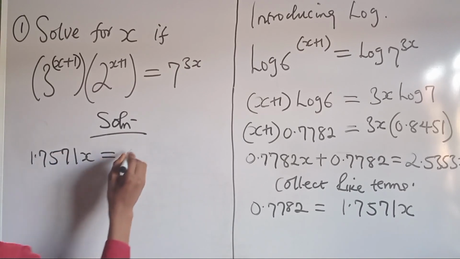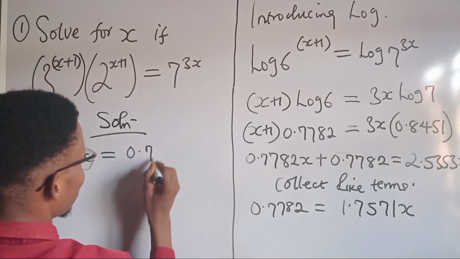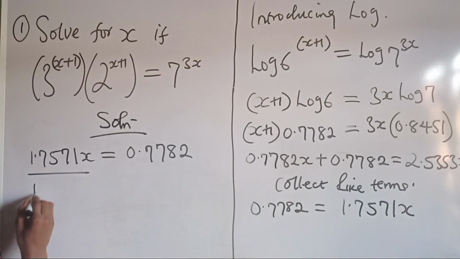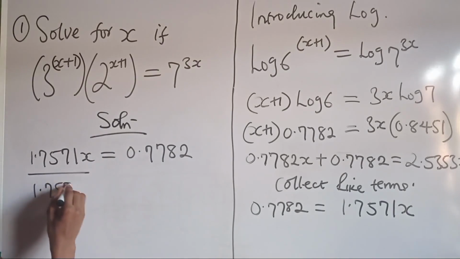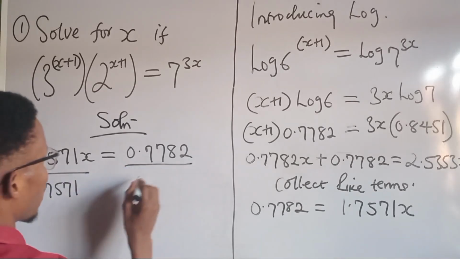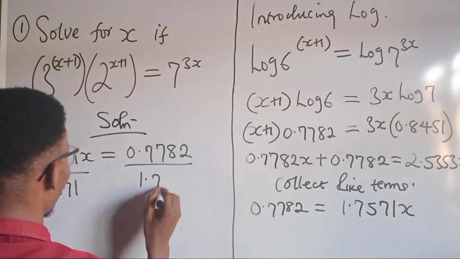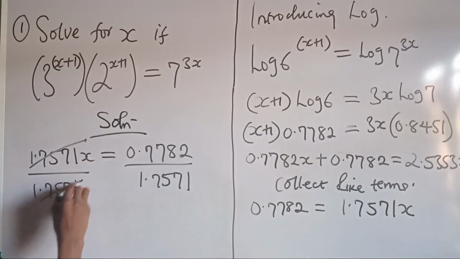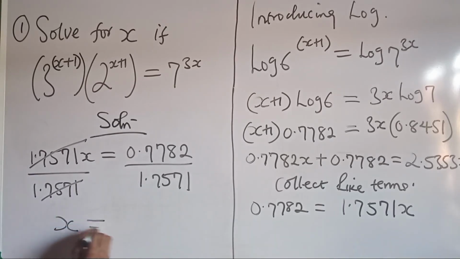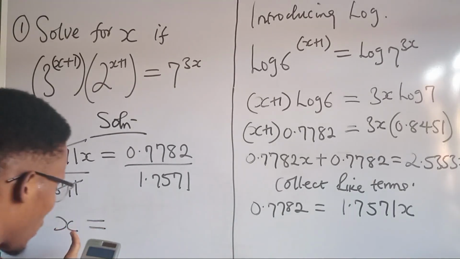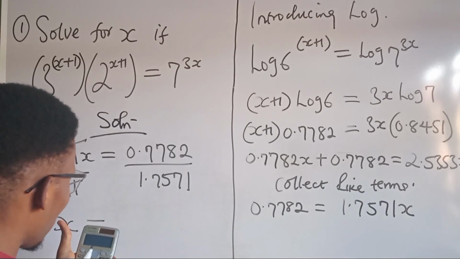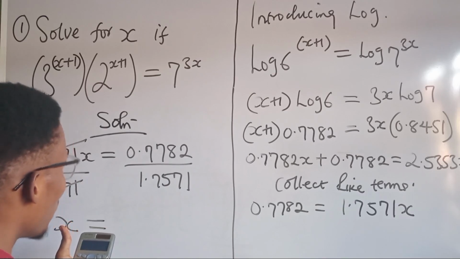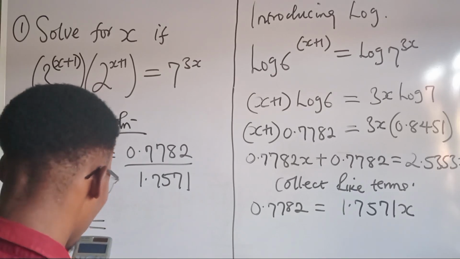So I'm going to have 1.7571x is equal to 0.7782. Then divide both sides by 1.7571, and this will go against this, and we are going to have x is equal to, when I divide that, 0.7782 divided by 1.7571.